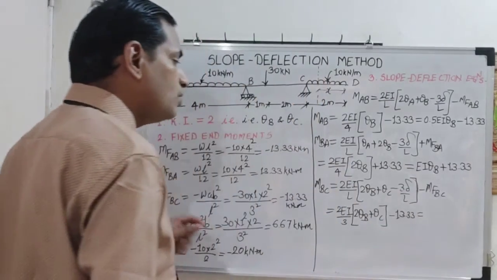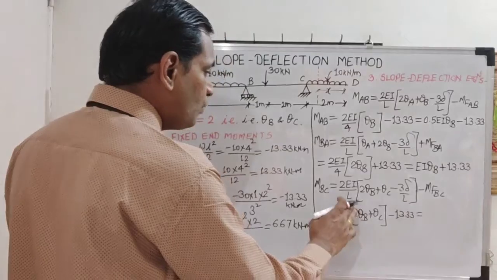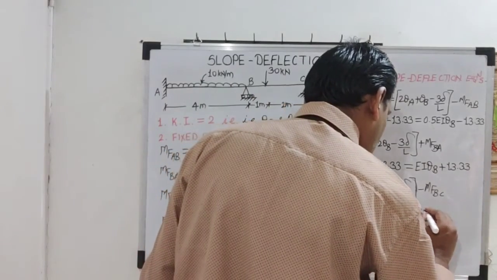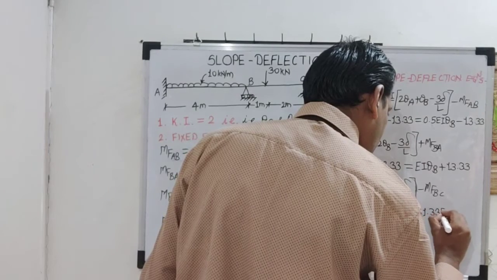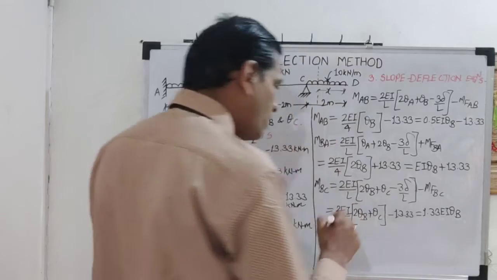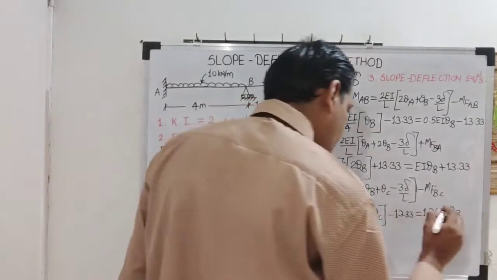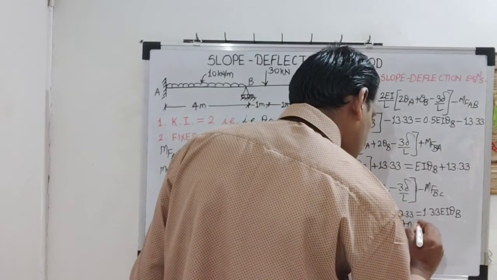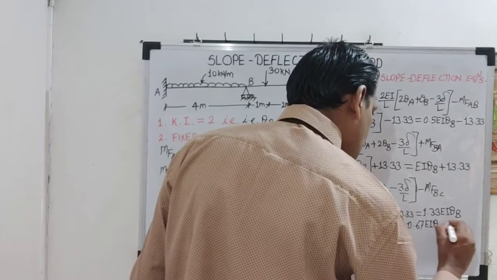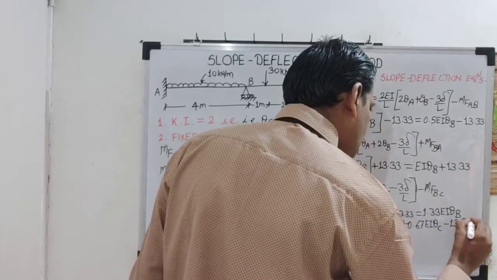Okay, so simplify this. 2 into 2, 4. 4 by 3 is 1.33. So this is 1.33 EI theta B. Next, 2 by 3 is 0.67. So 0.67 EI theta C. And the last term is minus 13.33.